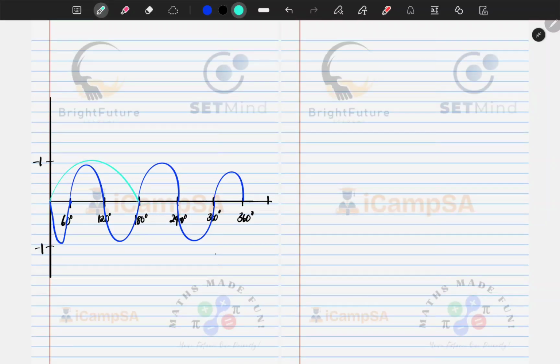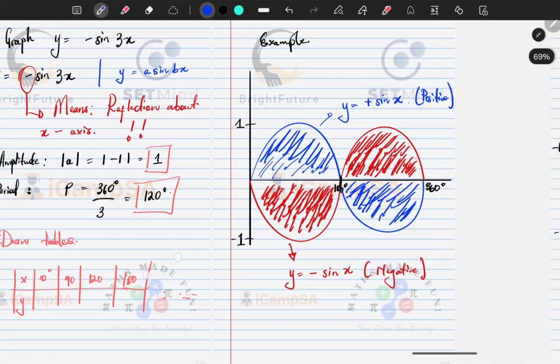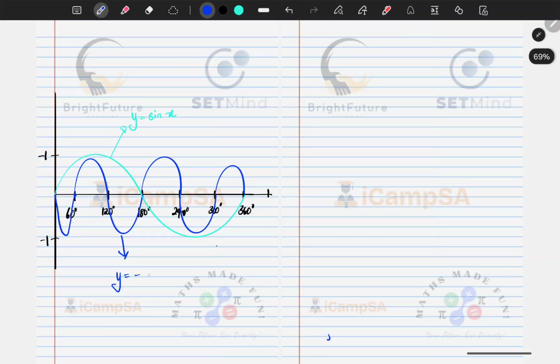So this now is your y equals sine x, and this will be your y equals negative sine 3x.